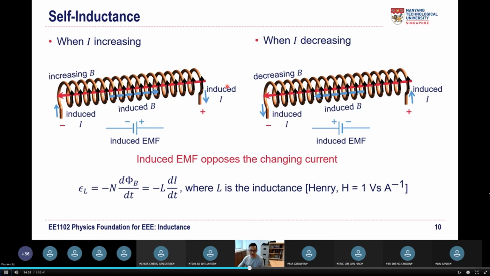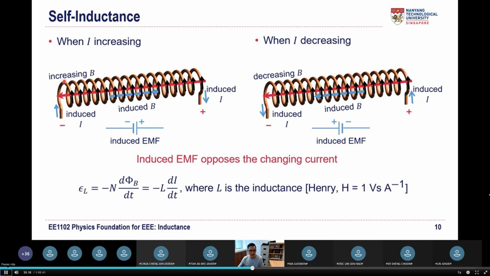You need to wrap your fingers around in the direction of your current, then the magnetic field is going to be created in this way. So this is going to be an electromagnet. This side is going to be the north pole, and that side is going to be the south pole. Can you picture that?